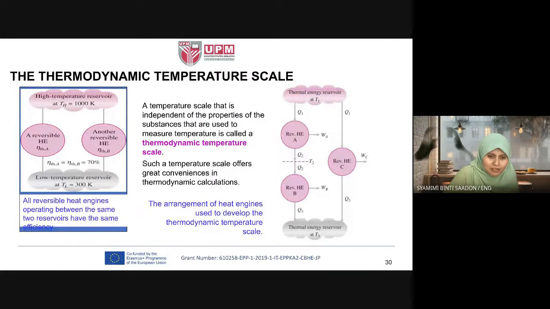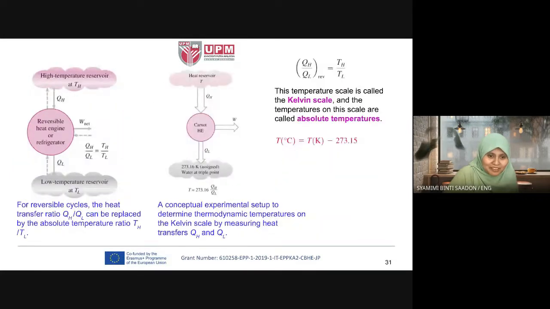Thermodynamic temperature scale. We can use it to calculate the efficiency and the coefficient of performance. Either we use the ratio of Q, the heat in joule, for the hot and lower temperature, or we can directly use the value of the temperature without calculating Q, because if you want to calculate heat, we need the mass flow rate.